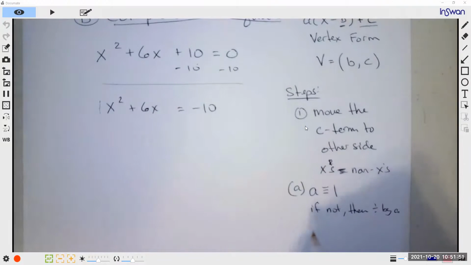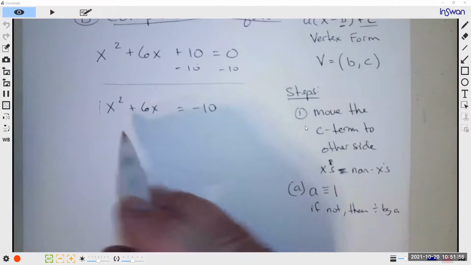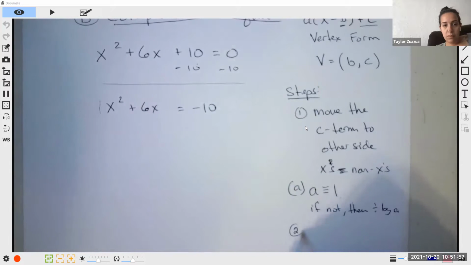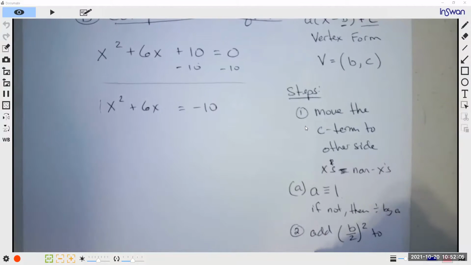So the next step, after we get the C by itself and the X's on the other side, add B over 2 squared to both sides.